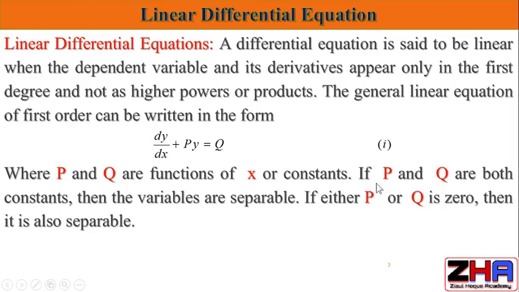If p and q are both constants, then the variables are separable. If either p or q is 0, then it is also separable.